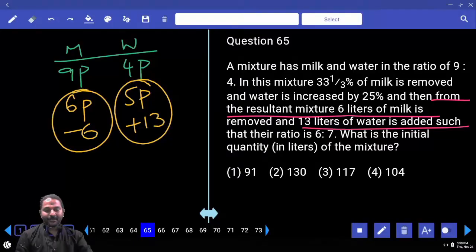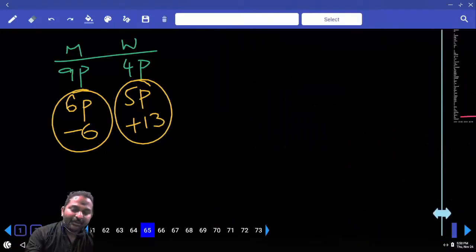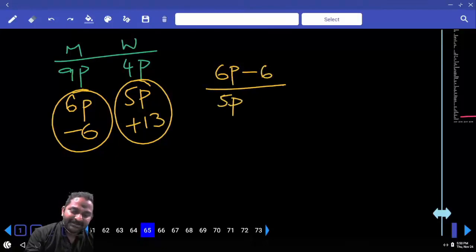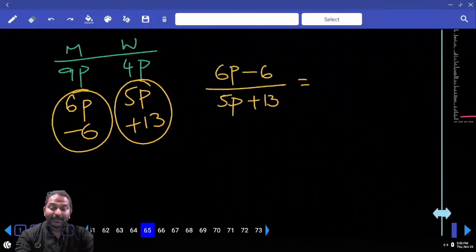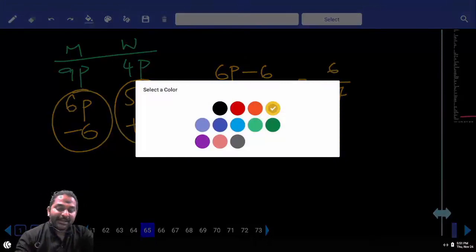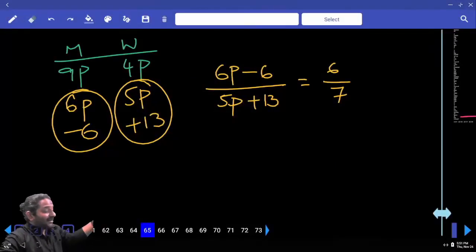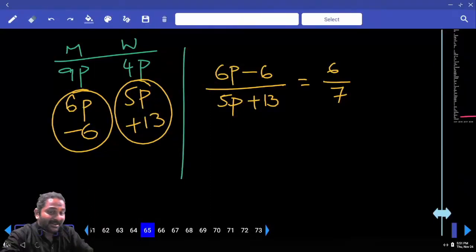So now leftover milk is 6 parts minus 6 and water is 5 parts plus 13. And the final ratio they mentioned is 6:7. Left hand side numerator, can I take 6 common? Right hand side numerator 6 is common, right? So that gets cancelled.